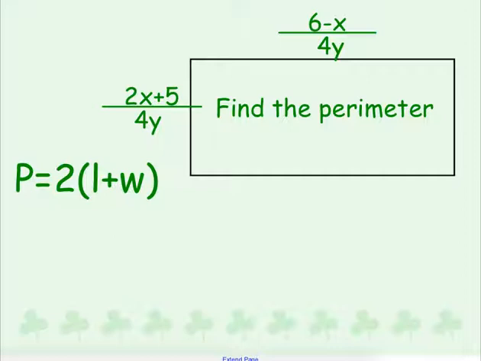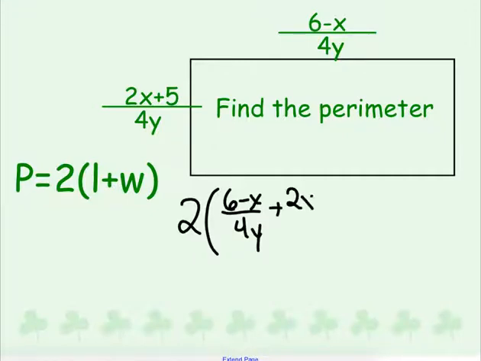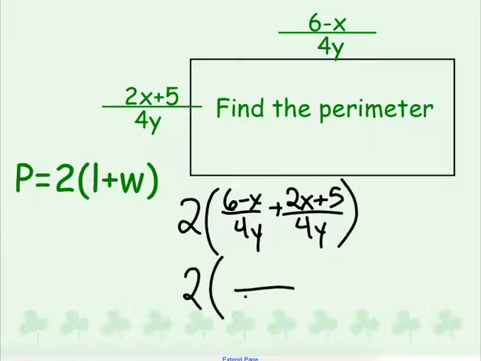Okay, and then one last one, similar idea. I need to add these together, say 2 times my length, 6 minus x over 4y, plus my width, 2x plus 5 over 4y. And I add together the numerators since I have common denominators. And I can say I have a negative x and a 2x, meaning I just have one x left over. A 6 and a 5, so plus 11.